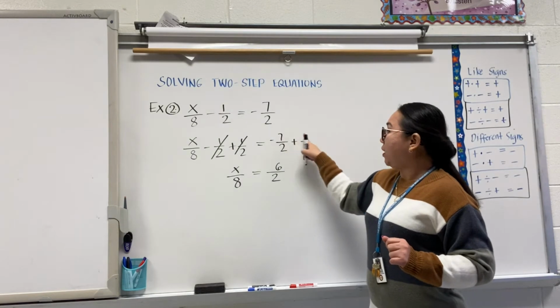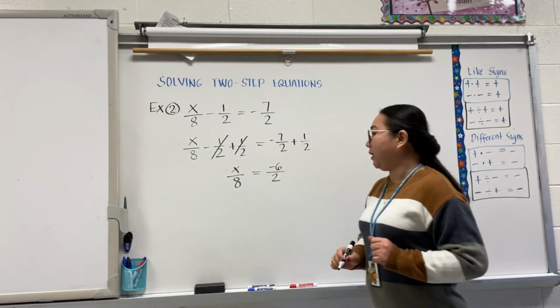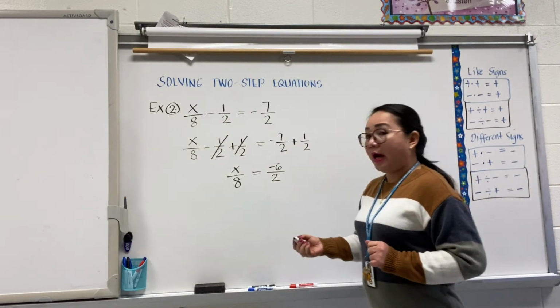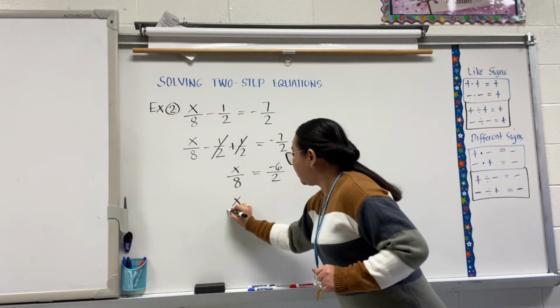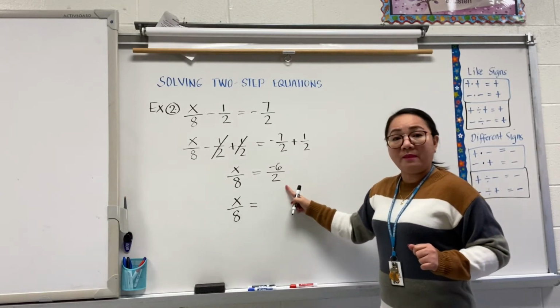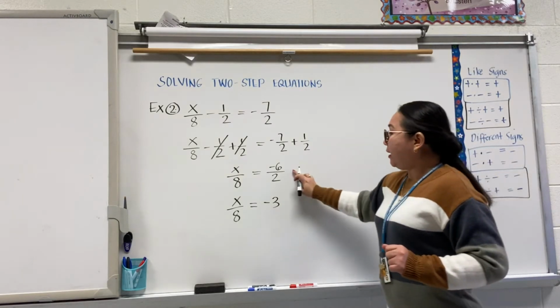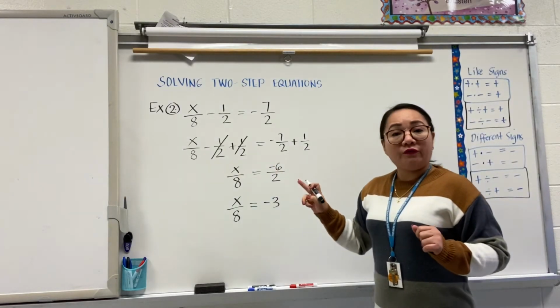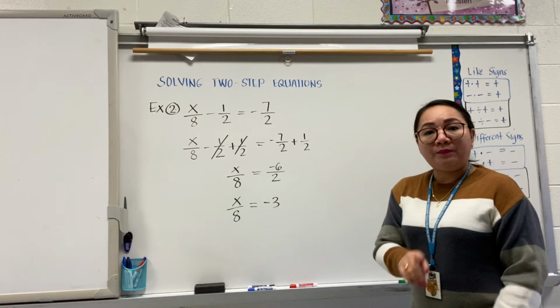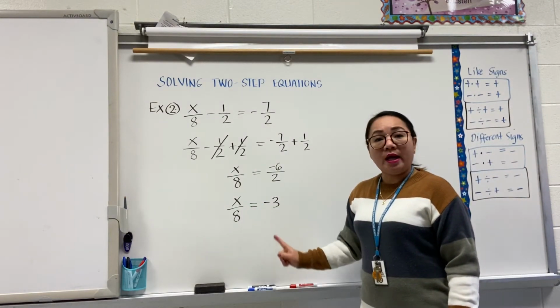So 7 is bigger than 1, so take the sign of 7, which is negative. Then simplify. So that is x over 8 is equal to negative 6 divided by 2 is negative 3. It is negative because you are dividing different signs. Now, the new equation is x over 8 is equal to negative 3.